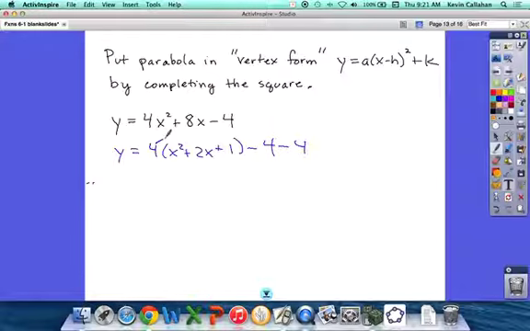Right? This times this is 4. So that together balances. Okay, so now I've got 4, and what is the perfect square trinomial that I just created? Here you go, x plus 1. And then at the end of the line, simplify, minus 8.